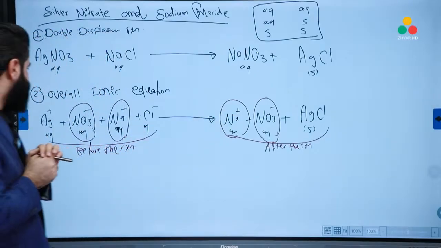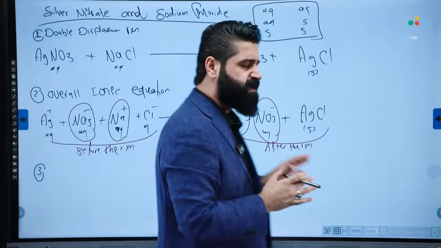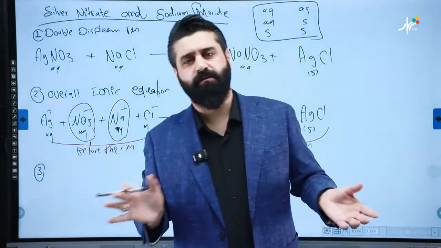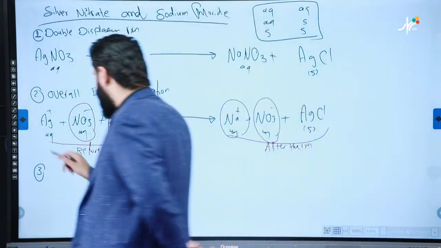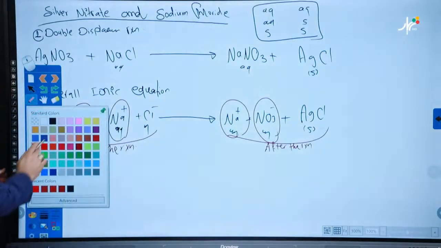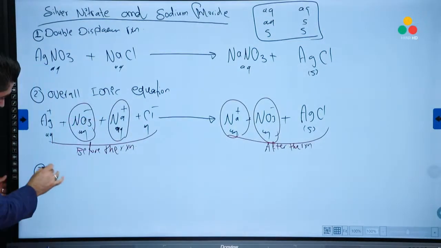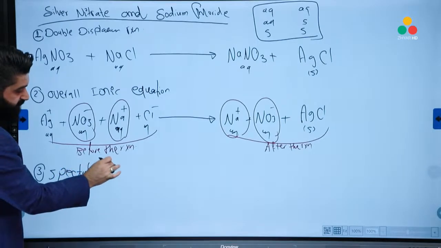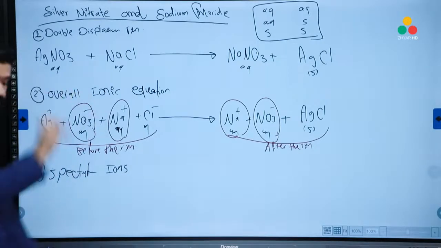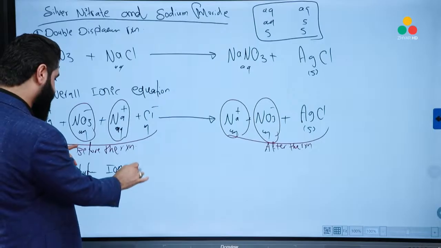Is there a special name for the ions that stay throughout the solution before and after the reaction? Yes, we call them spectator ions. Spectator ions, the viewers. What are the spectator ions?